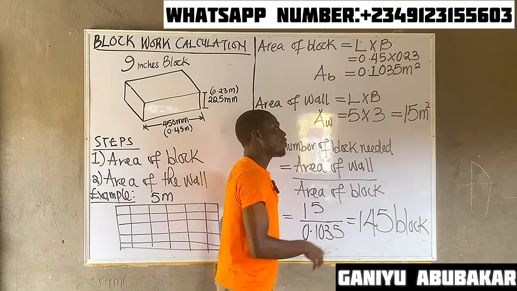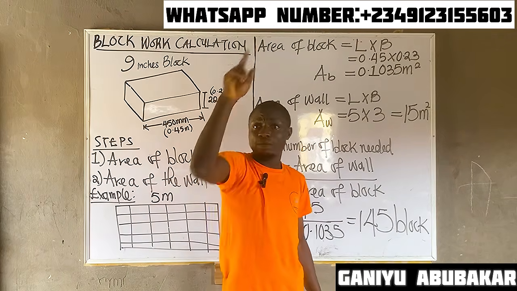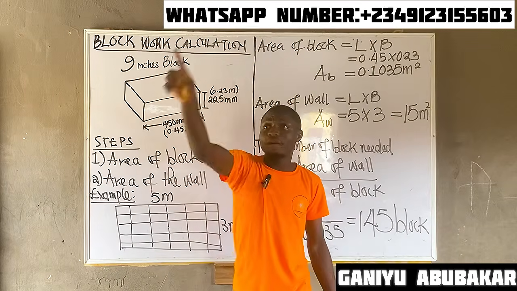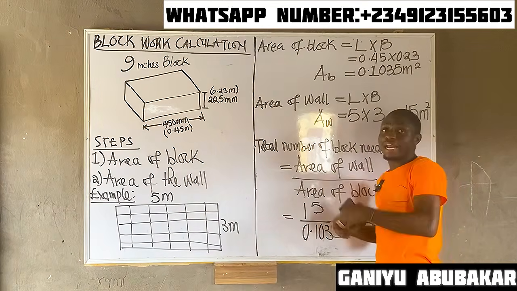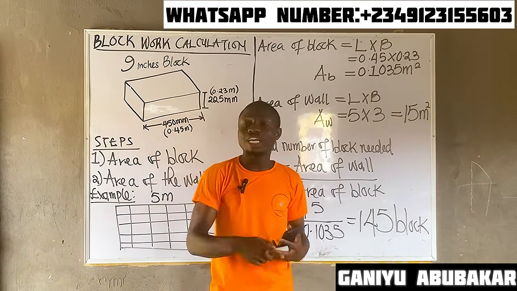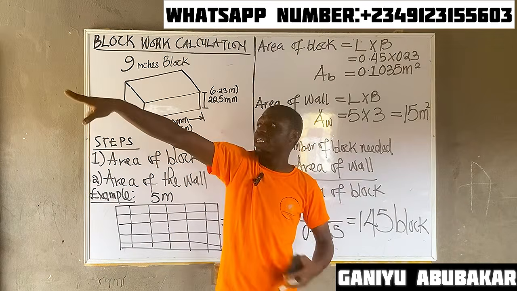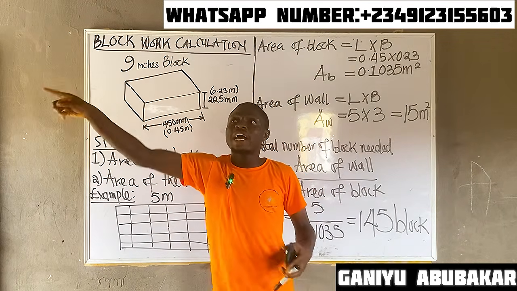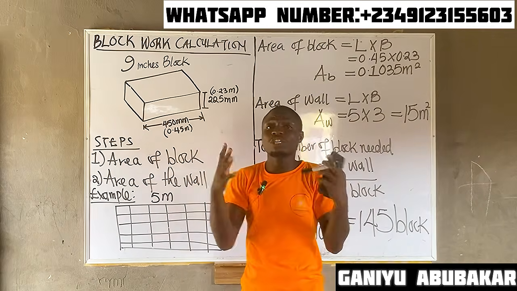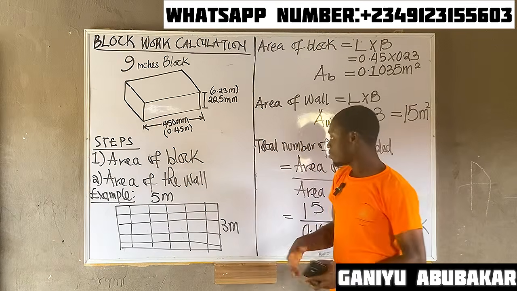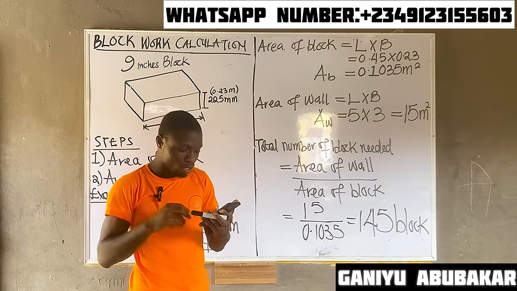The back will have the same length and breadth, so I will need 145 blocks at the back too. So I have to get this part first, and whatever I have here, I can add to this one. In that case, I can add them together to give me the total number of blocks I need.